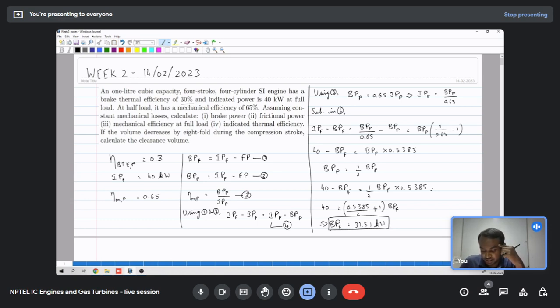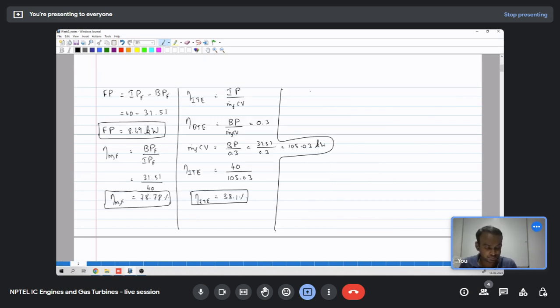If the volume decreases by 8-fold during the compression stroke, calculate the clearance volume. So that means we have volume at BDC, and we have volume at TDC. They say the volume at TDC is 8 times decreased when compared to volume at BDC. So that means volume at TDC is volume at BDC by 8.